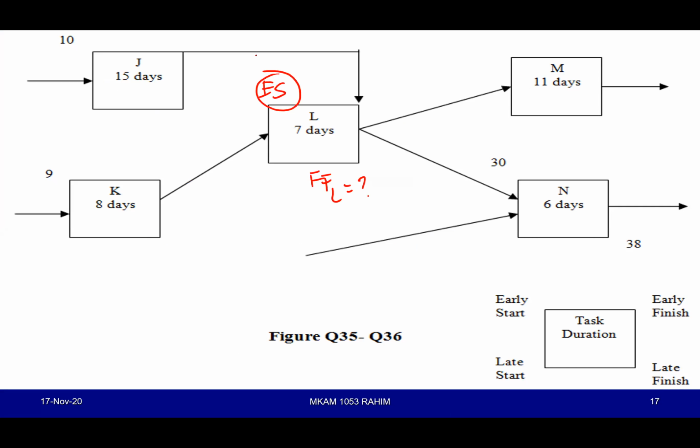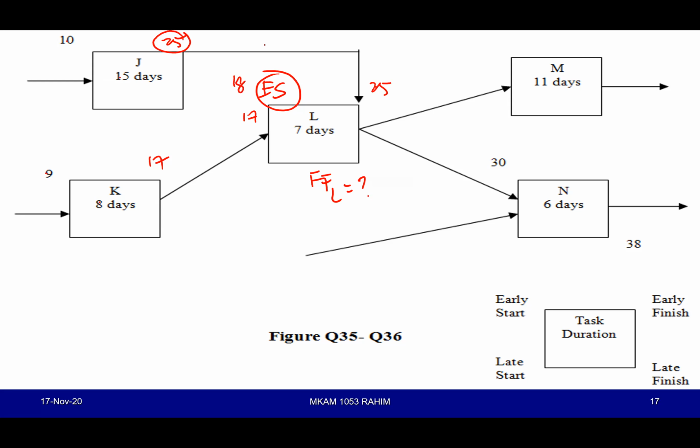Okay, you notice that, for instance, 9 plus 8 is equivalent to 17, and 17 will go inside here. But you notice that 10 plus 15 is equivalent to 25. 25 will go inside here, as one possibility. 25 minus 7 is equivalent to 18.